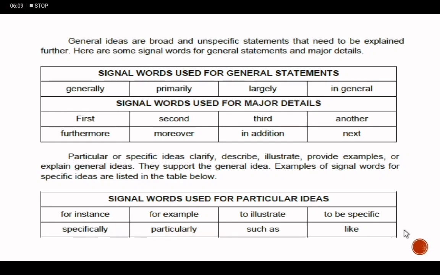While for major details, we can use the words first, second, third, and so on. Signal words used for particular ideas: specifically, particularly, for instance, and so on. So what do we need to do with this list? Familiarize ourselves with this list of signal words for general statements, major details, and particular ideas.